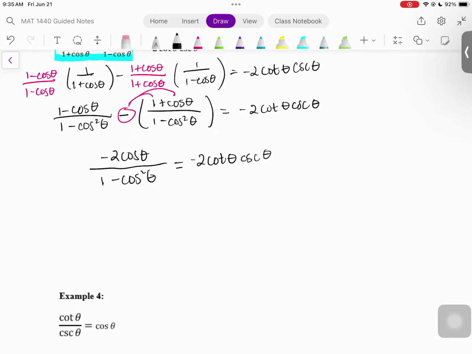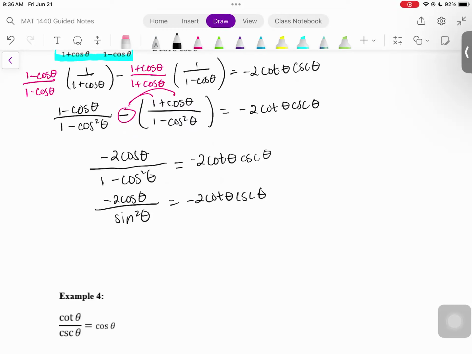In the denominator, 1 minus cosine squared theta is the same as sine squared theta from the Pythagorean identity. So this is -2 cosine theta divided by sine squared theta equals -2 cotangent theta cosecant theta.